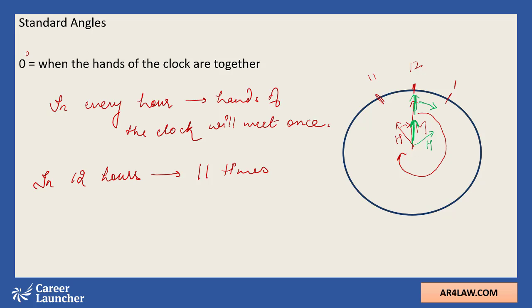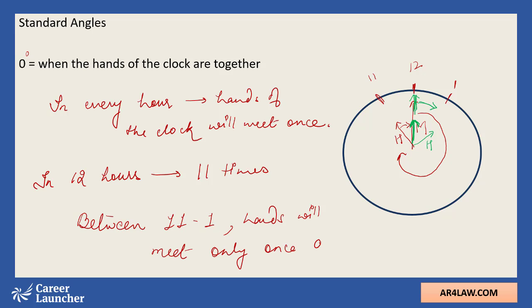So they have not met so far. They have not met between 12 and 1. So these 2 hours are the exception hours. So between 11 to 1, the hands will meet at exactly 12 o'clock.